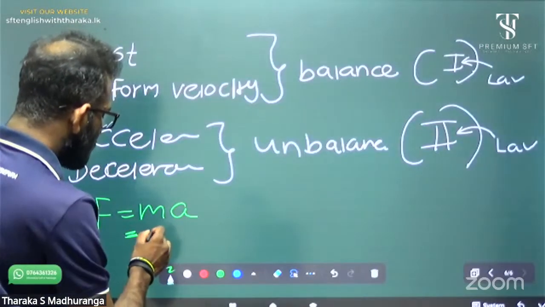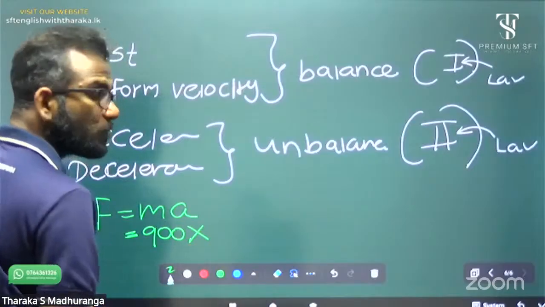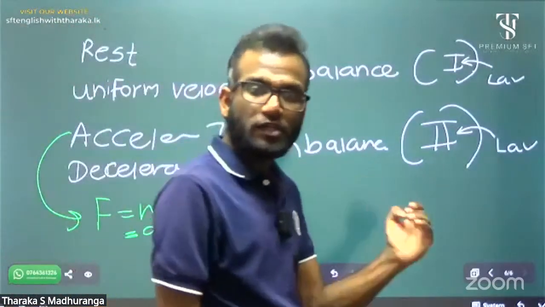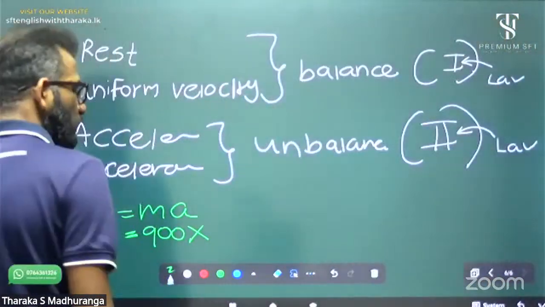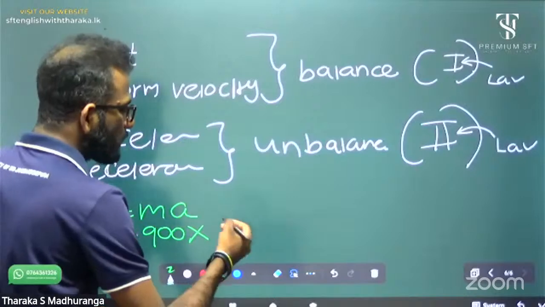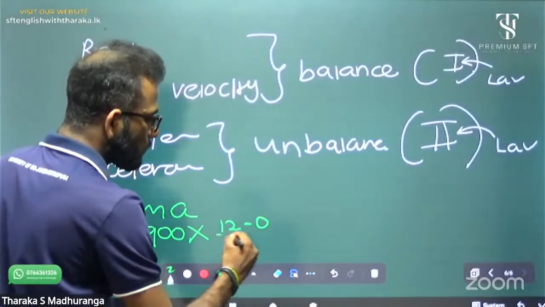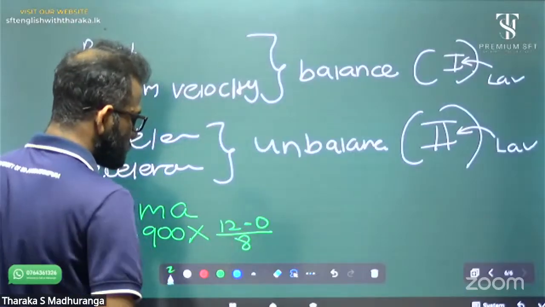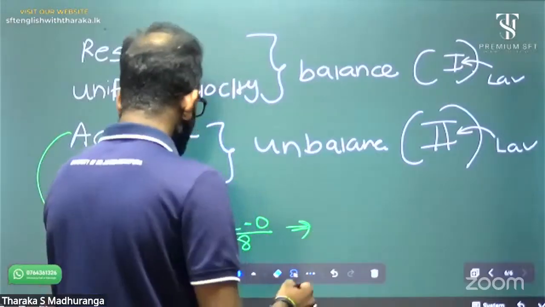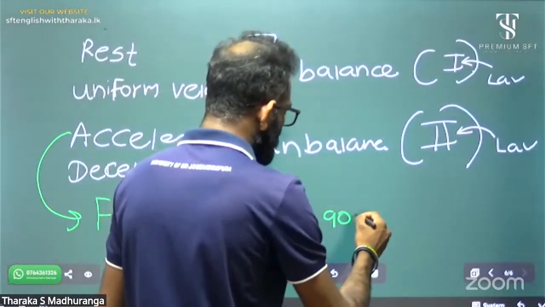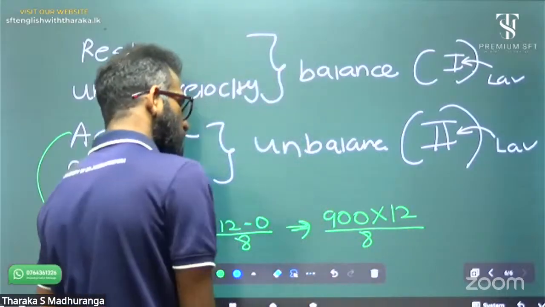Then mass is 900. How do we get the acceleration? Delta V divided by time, the velocity difference divided by time. Delta V means final velocity minus initial velocity. Final velocity 12, initial velocity 0, divided by 8 seconds. Then you get 900 into 12 divided by 8. What's the answer?